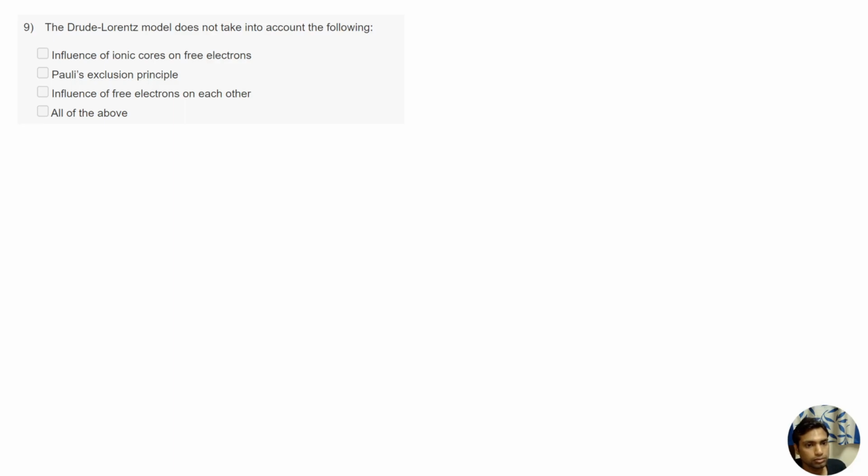Influence of ionic states on free electrons and influence of free electrons on each other, both.